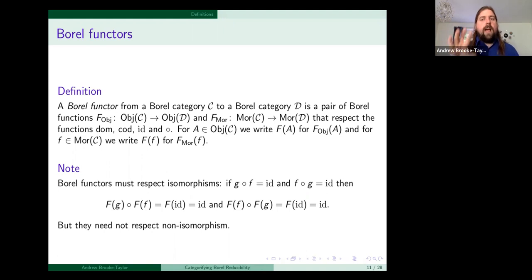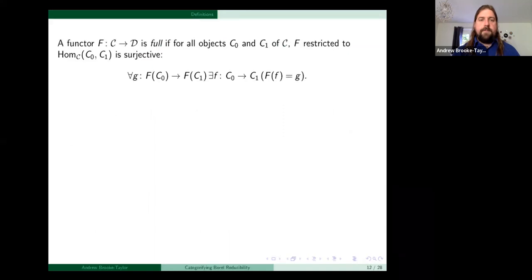So we need to have a stronger notion than just having a functor there in order to expand on the isomorphism equivalence relation framework of standard Borel reducibility. So, some special kinds of functors. These are very standard category theoretic definitions.